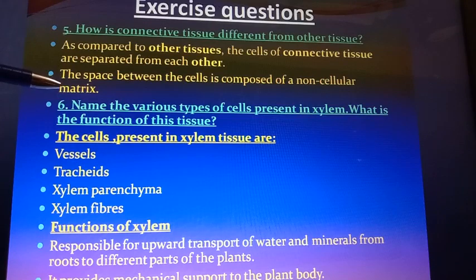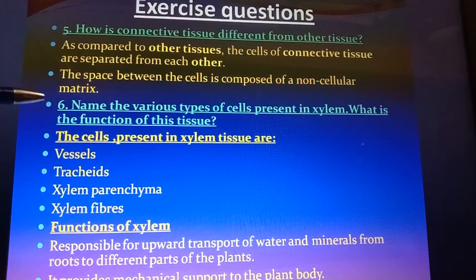What is matrix? It is discussed previously in my video. It is the ground substance that is present in the connective tissue, in which the connective tissue cells are present.